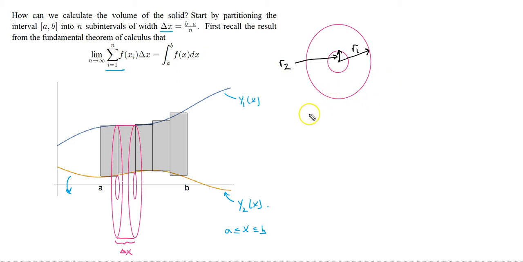So the volume of this washer, we'll call it delta V, is going to be... so you see what this is. This piece right here is the area of this shaded region right here.